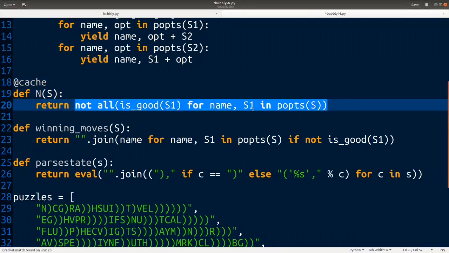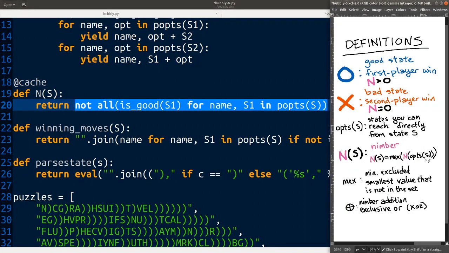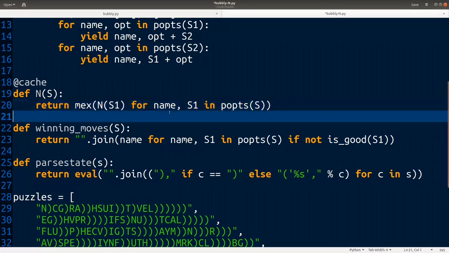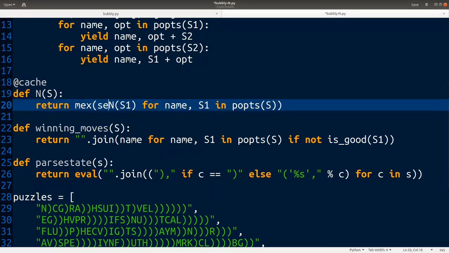And for this, we are going to go to our definition. So to start, we're just going to not use the Sprague-Grundy theorem. We're just going to use this definition here. So the mex of the nimbers of each of the options. Actually, let's make this a set.